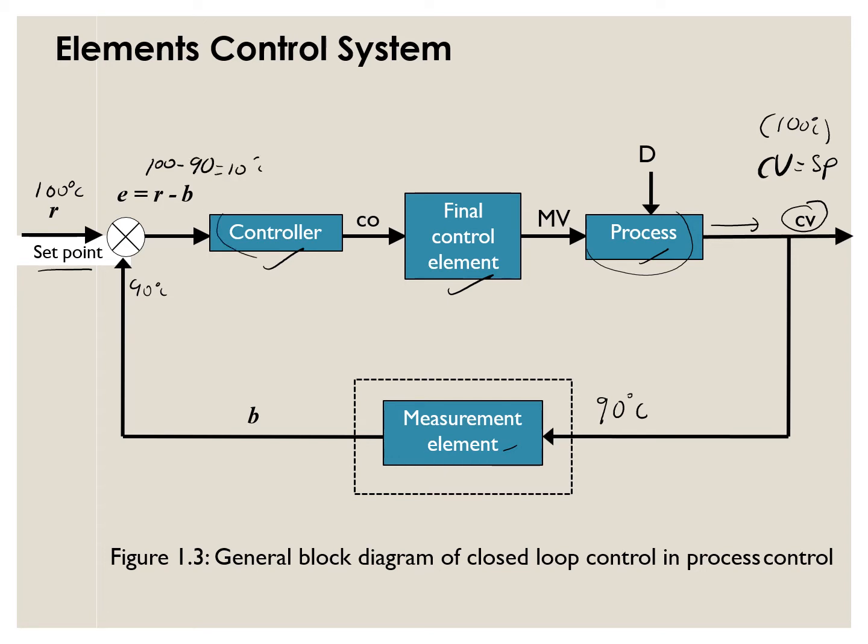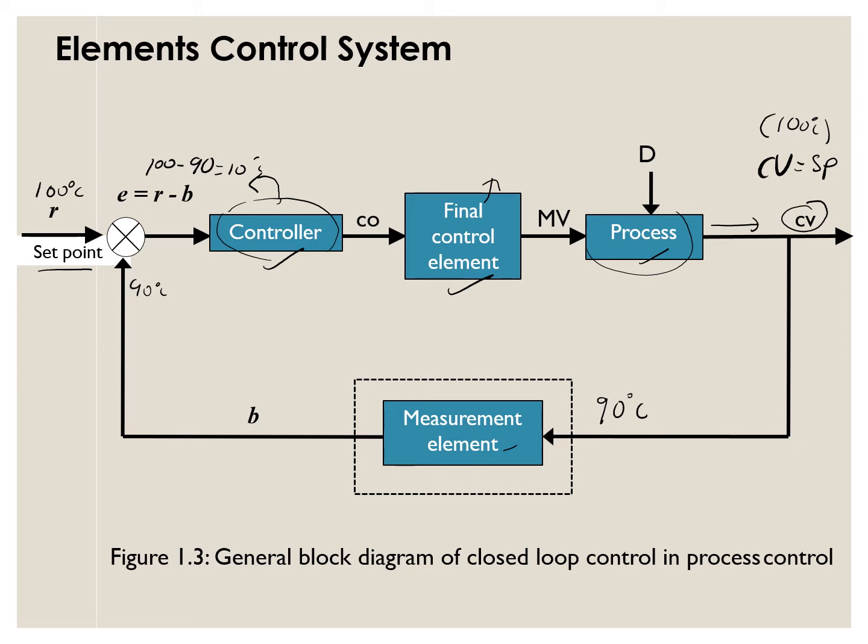The controller will make a decision based on the error signal. Based on the error signal, the controller will send the decision and ask the final control element, for example a valve, to take an action.